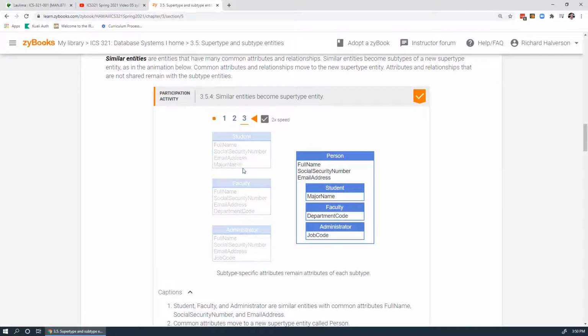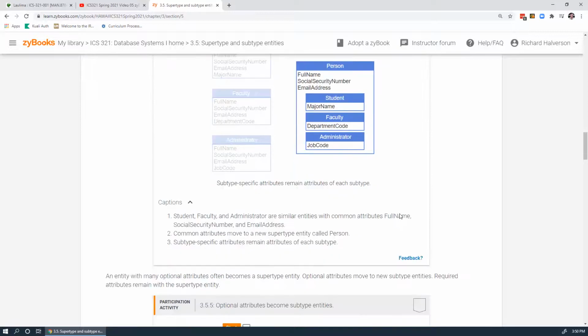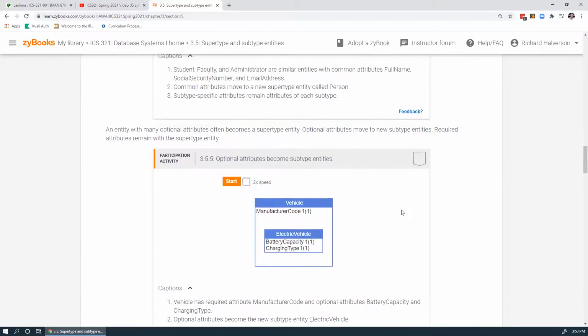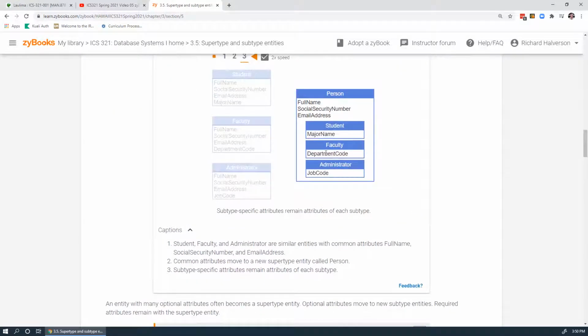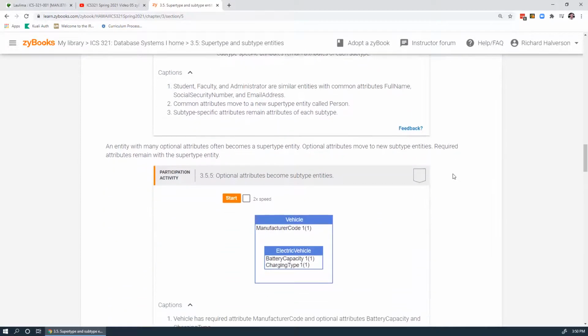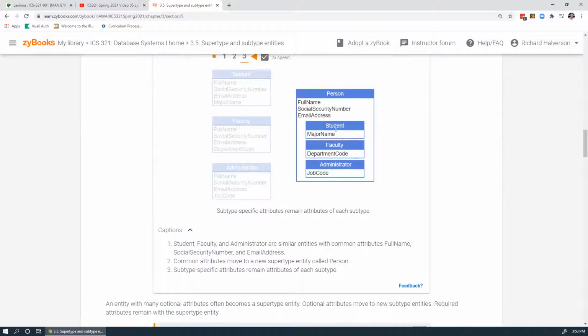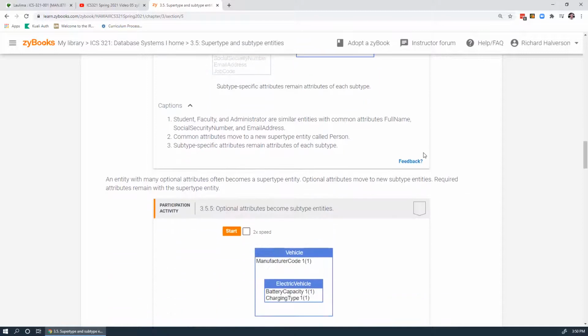All the fields on the left here find a place on the right, but the place is either in the supertype or the subtype. So there are these mutually exclusive things here. Although, yeah. All right.